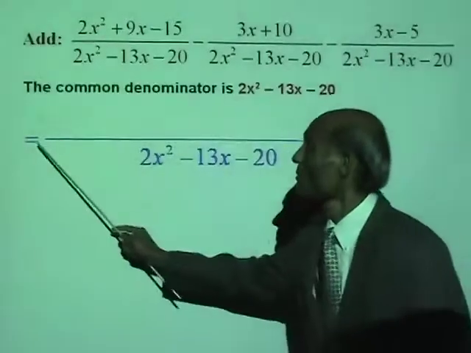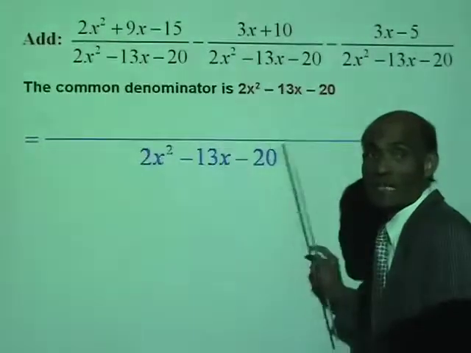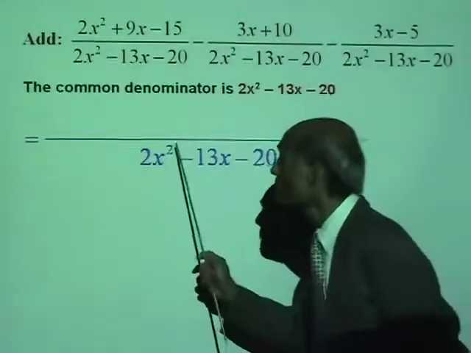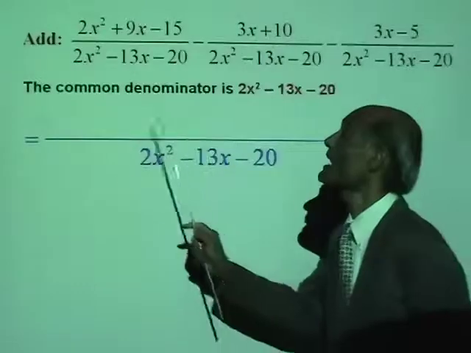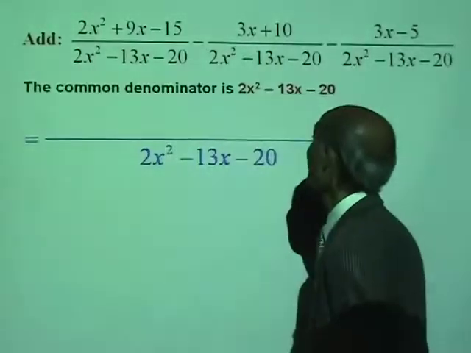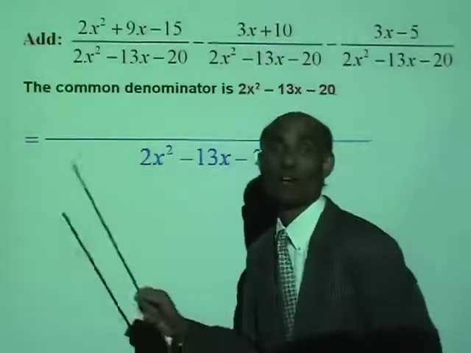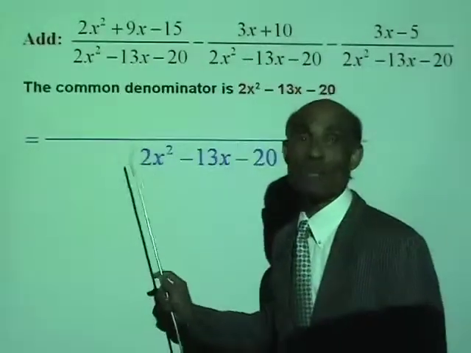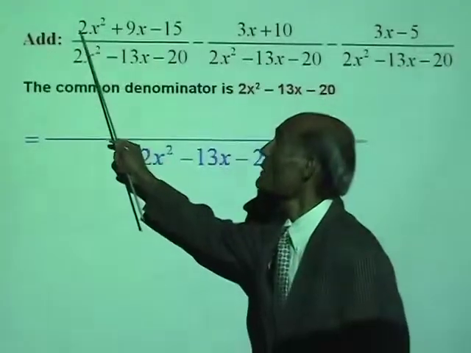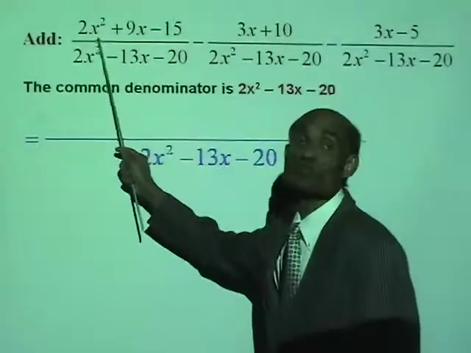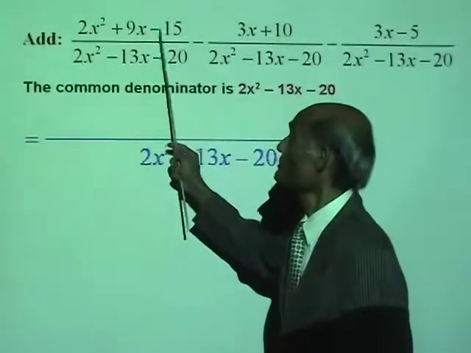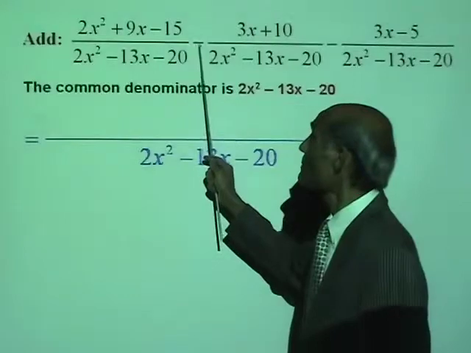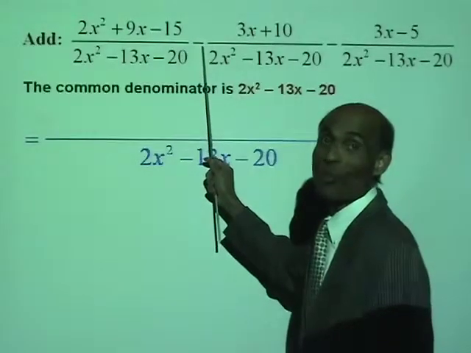So we start by putting a big line and writing the denominator below that line. We need to now construct the numerator. What is on our numerator? Alright, watch how I construct the numerator. We start by writing the first numerator, 2x squared plus 9x minus 15, followed by the minus sign, minus what?